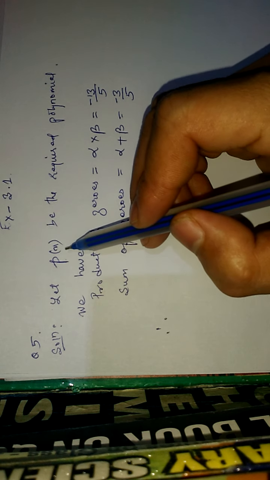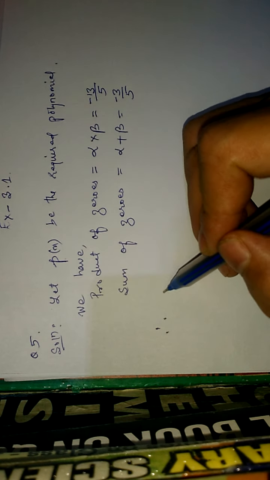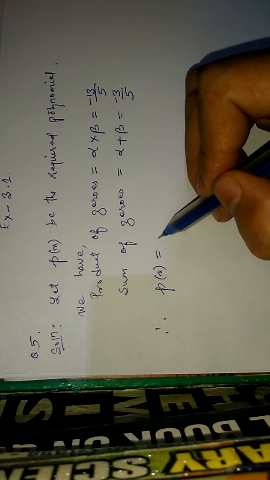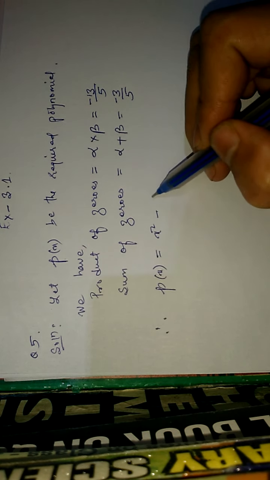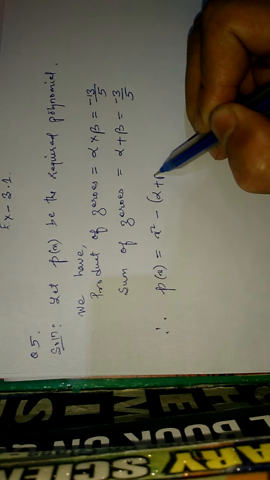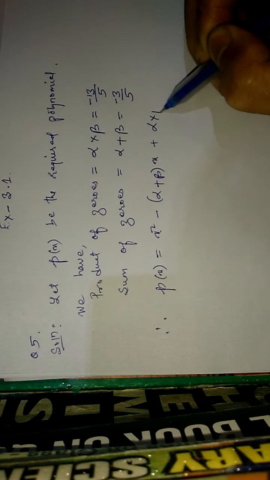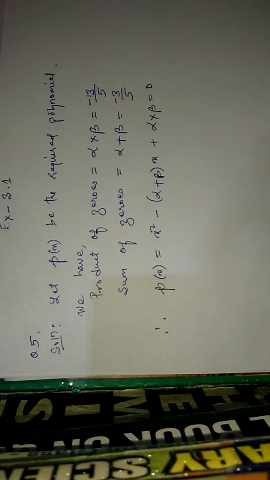Let p(x) be the required polynomial. p(x) is given by x square minus (alpha plus beta) x plus alpha into beta equal to 0. This is the formula to form a polynomial.